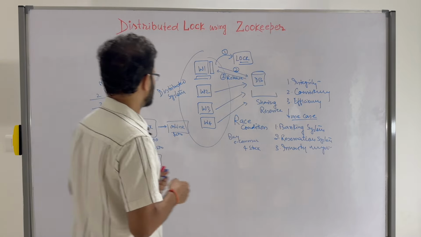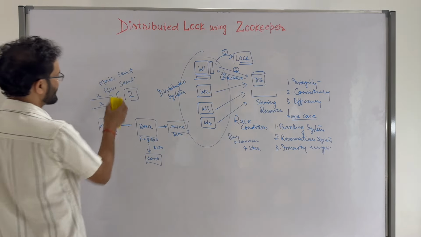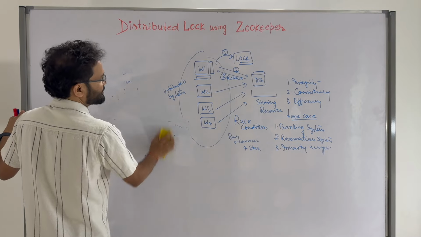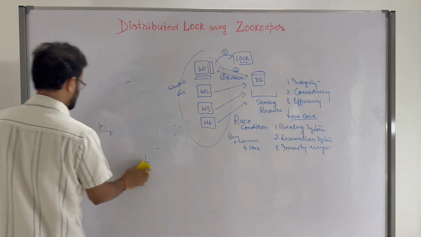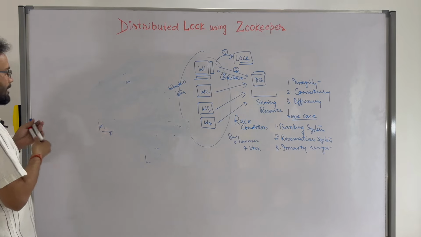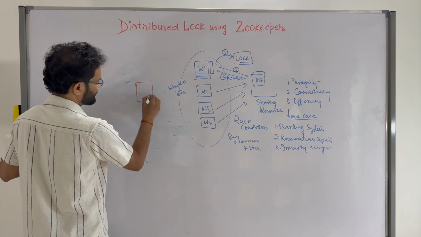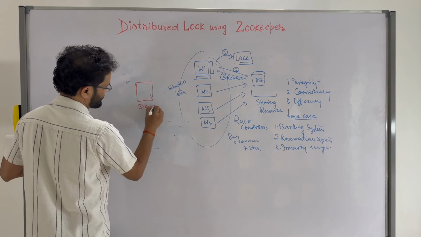So how can we do that? Let me draw the diagrams again. What could be the possible solutions? So suppose this is your shared resource.